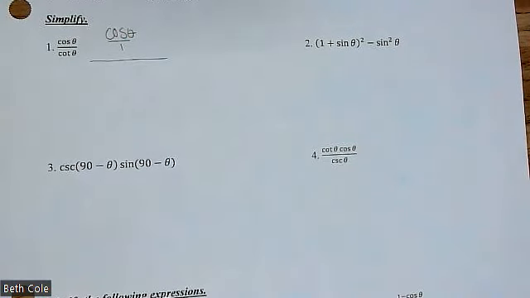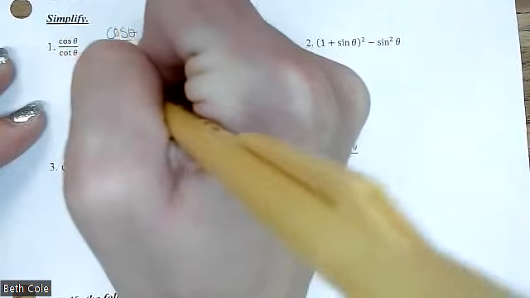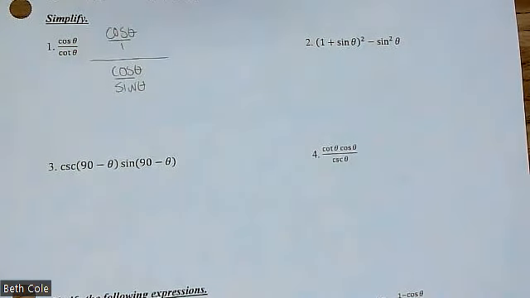Here's the question. What can I replace cotangent with? Cosine over sine. Good. So that's the first step. And a lot of you are probably doing some of that in your head. You have to write it down for me, because remember, I can only grade what's written on the paper. I can't grade what happened inside your brain. So you have to write it for me. When you divide by a fraction, that's the same as multiplying by the reciprocal.